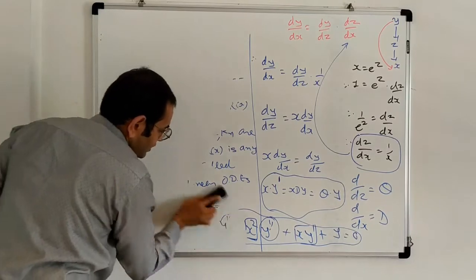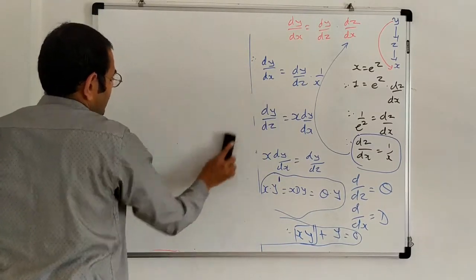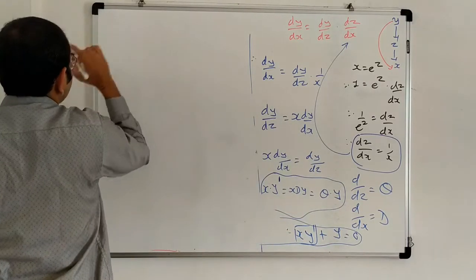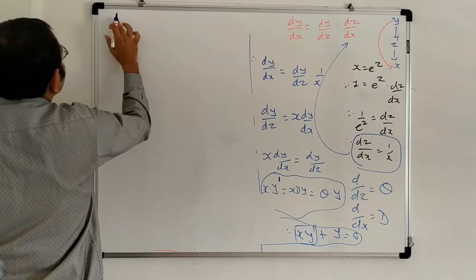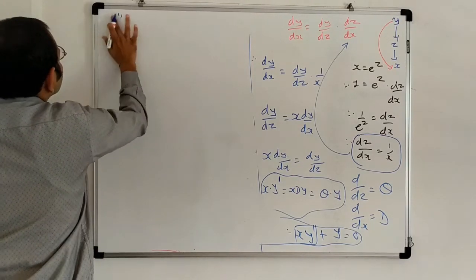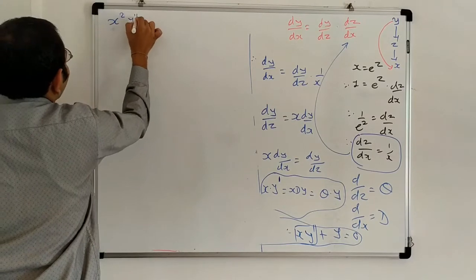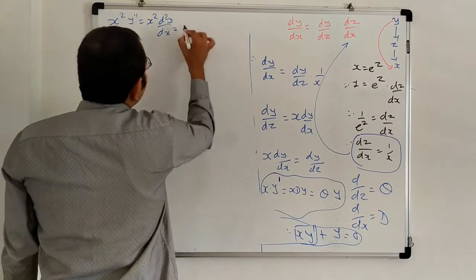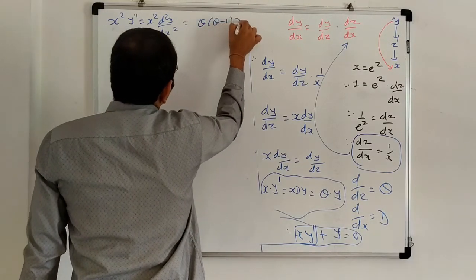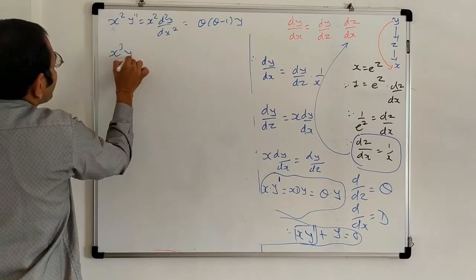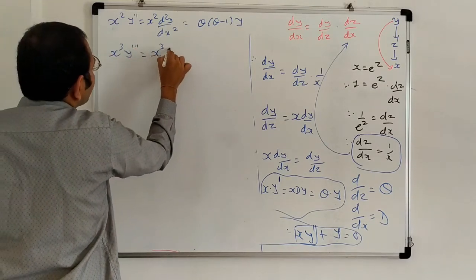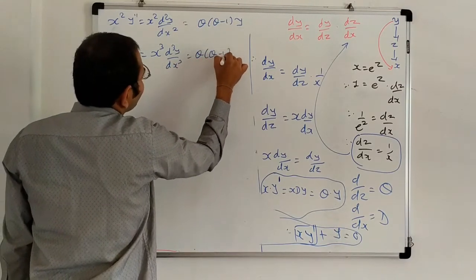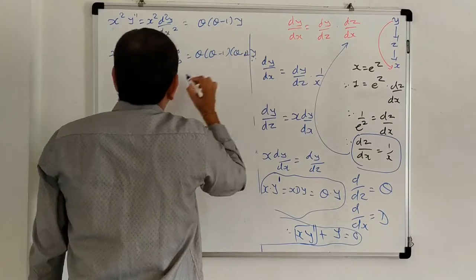Then x square y double dash, that is x square d square y/dx square, we can write as theta minus 1 into y. x cube y triple dash we can write as theta minus 1, theta minus 2 into y.